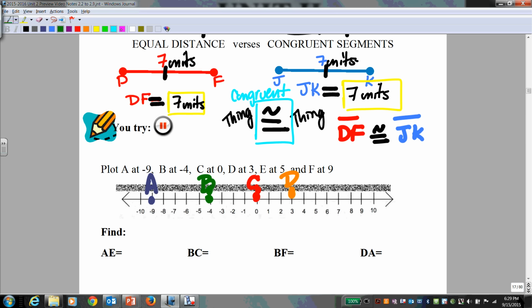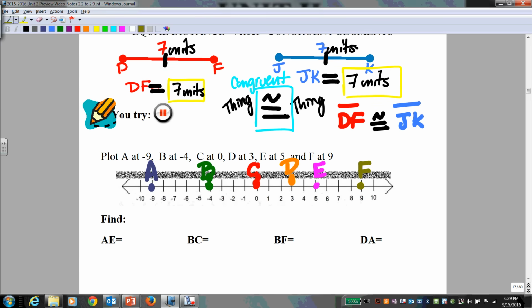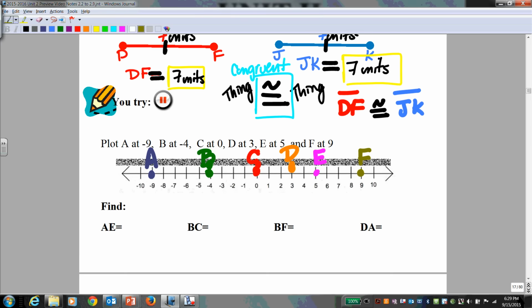E is at 5. And F is at 9. Now I want you to find those distances down below. Pause.